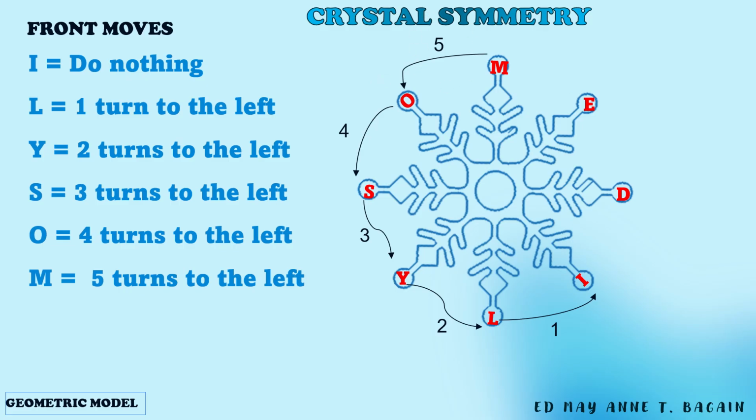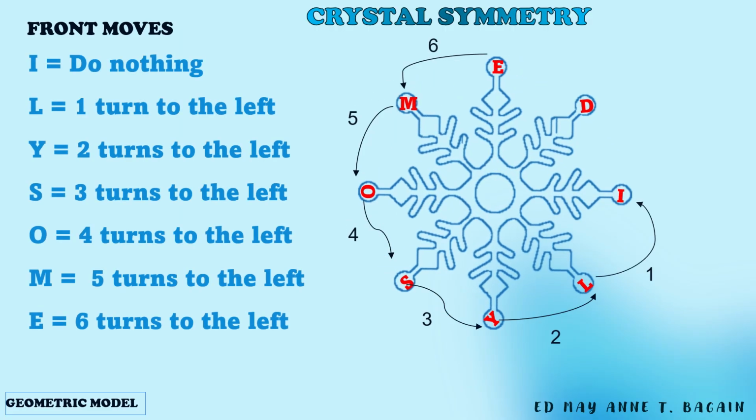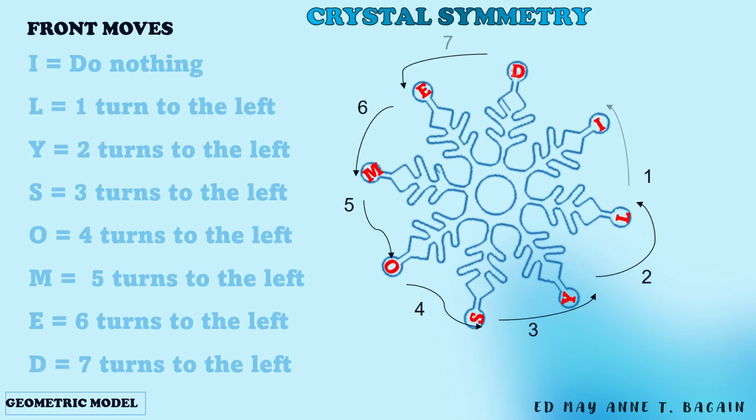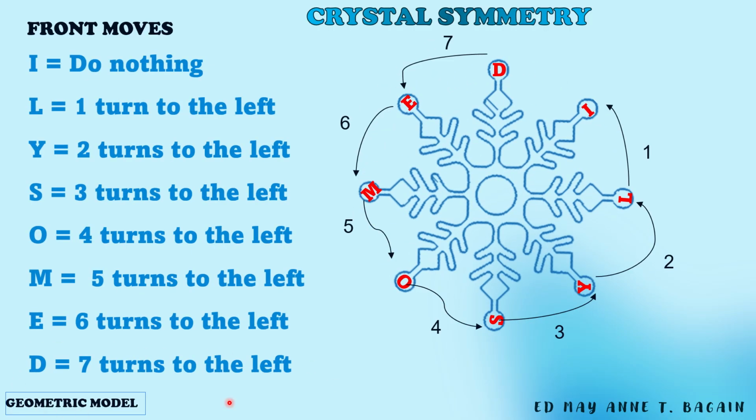Next, we have the E, which is 6 turns to the left: 1, 2, 3, 4, 5, and 6. So from I, we turned this snowflake, or this crystal symmetry, 6 times to get to E. And lastly, we have the D, which is 7 turns to the left.